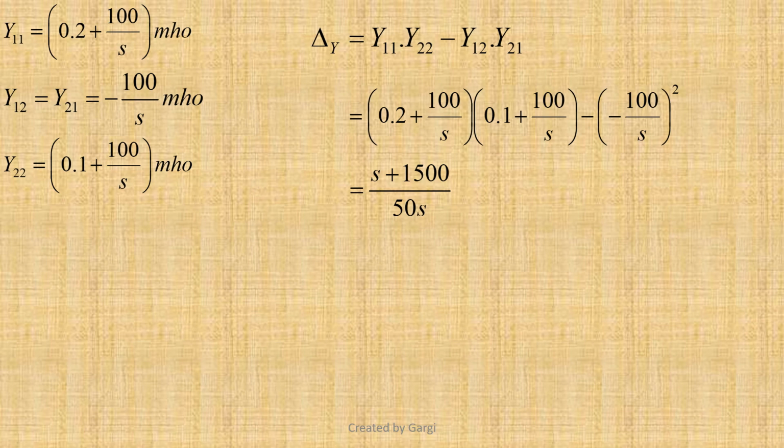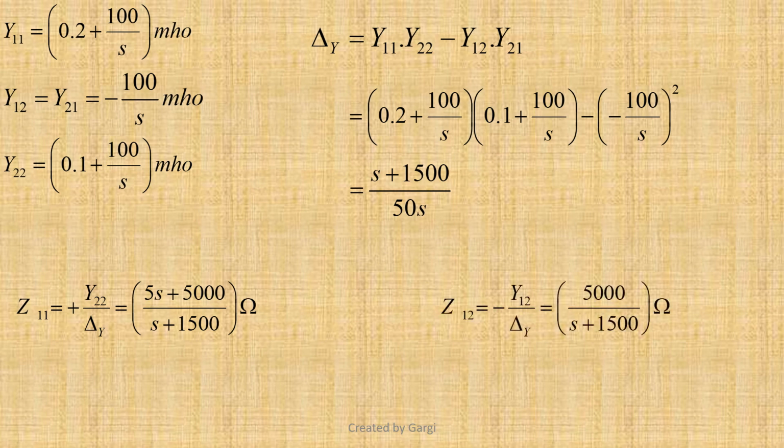Now let us use the interrelationships to find Z parameters. Z11 equals Y22 by delta Y, that is equal to 5S plus 5000 divided by S plus 1500 ohm. Z12 equals minus Y12 divided by delta Y, that is equal to 5000 divided by S plus 1500 ohm.